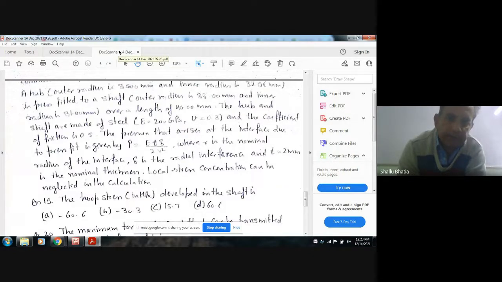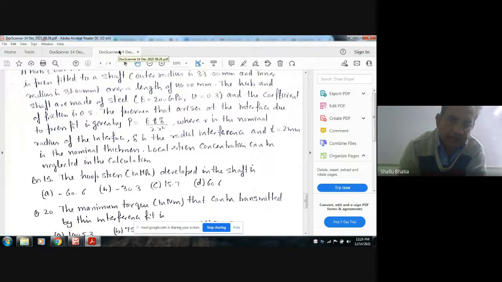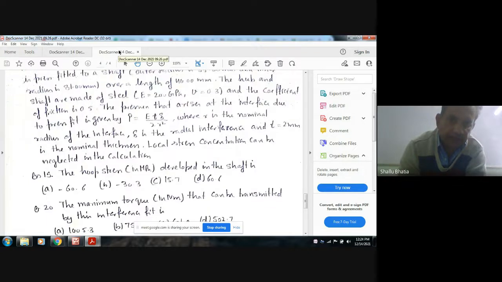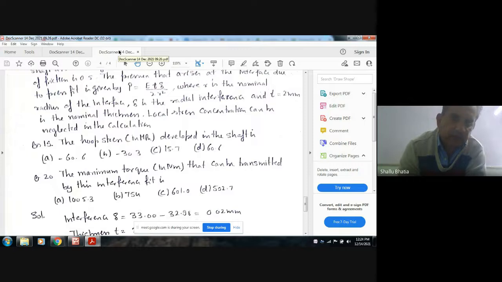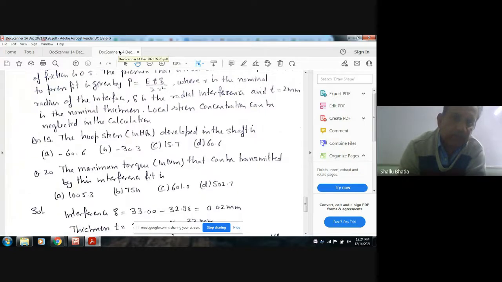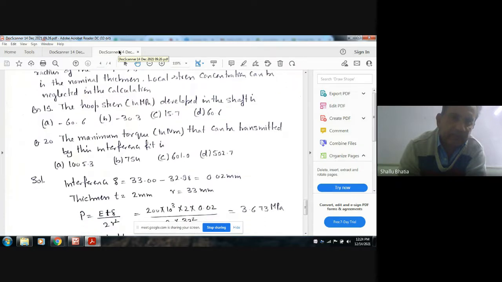The pressure that arises at the interface due to press fit is given by P equal to E t delta divided by 2 R square, where R is the nominal radius at the interface, delta is the radial interference, and t is the nominal thickness. The local stress concentration can be neglected in the calculation.